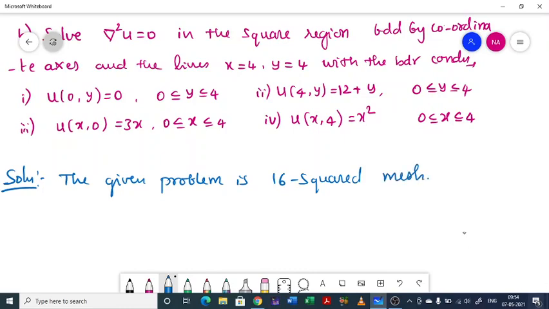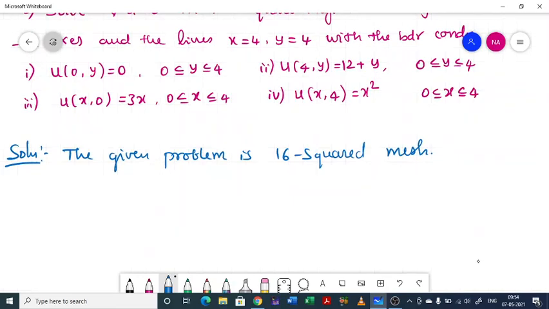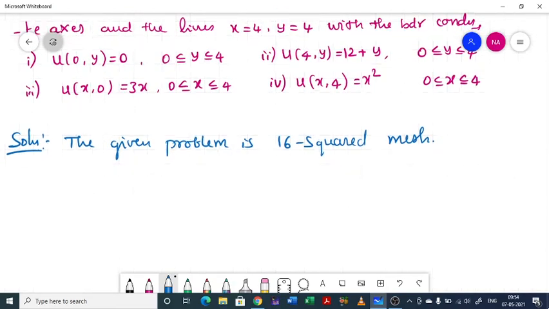So I have to draw that mesh. Okay, and this is the y axis and this is the x axis.